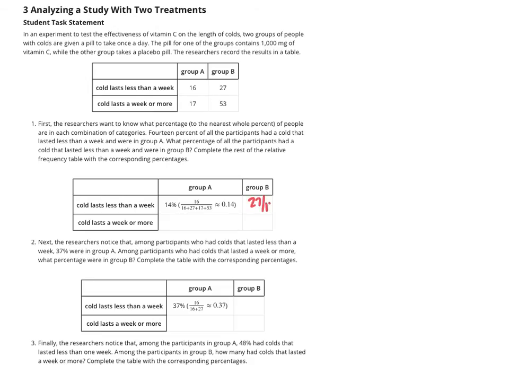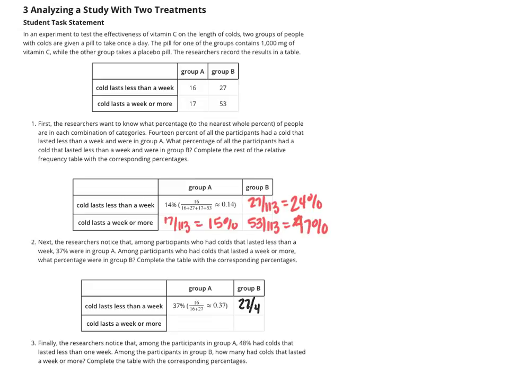In order to answer the first question, we have to take our 27 out of 113 total cases to get 24%. 17 out of 113 for cold lasts a week or more for group A, and then 53 out of the total 113 to find the colds lasts a week or more group B percentage.